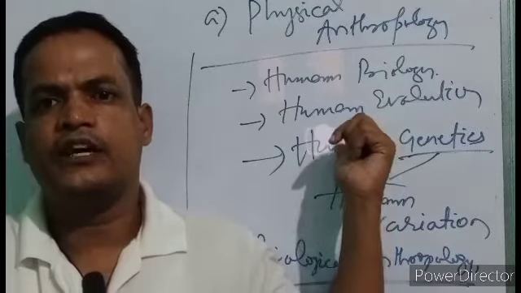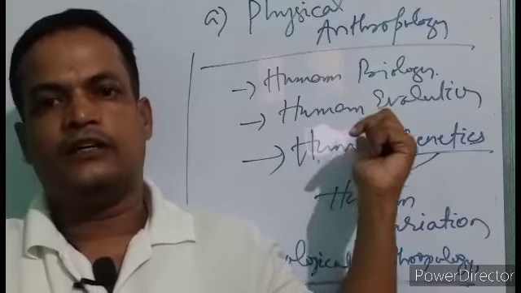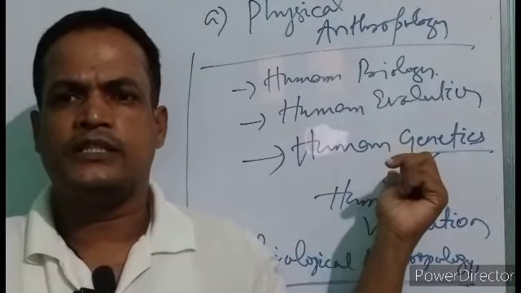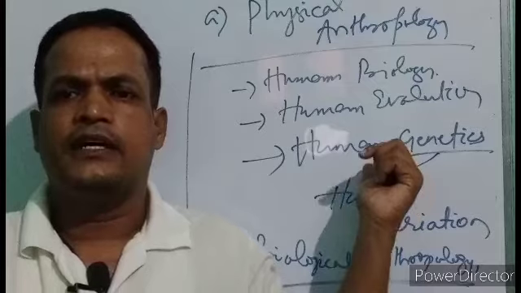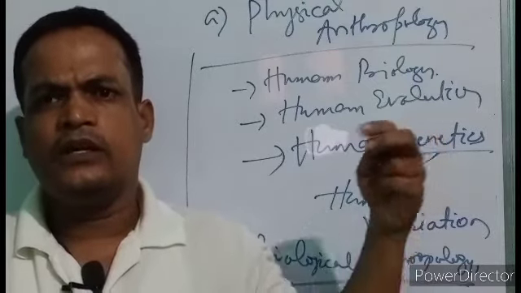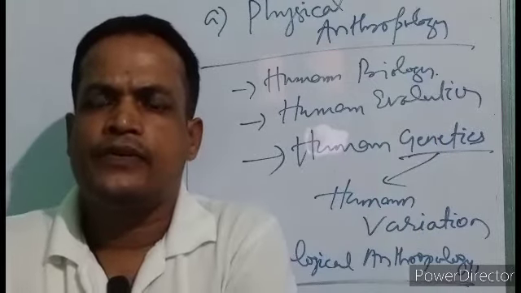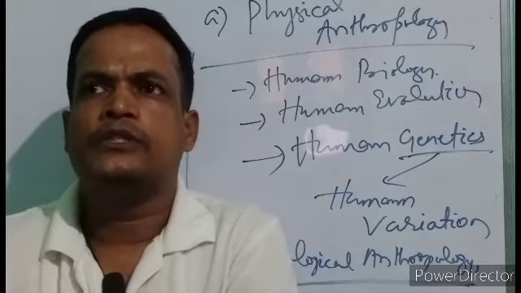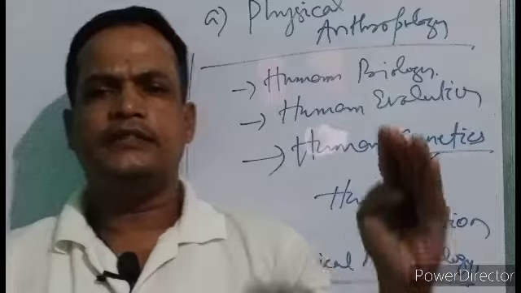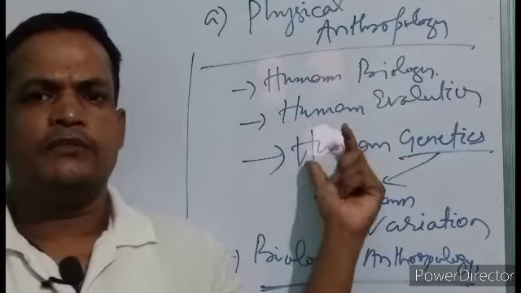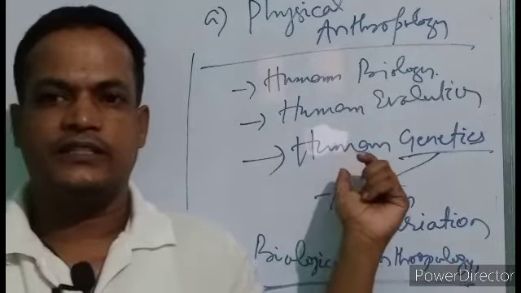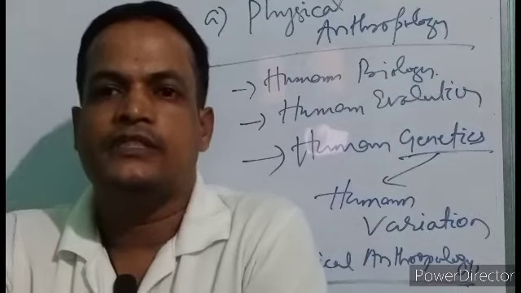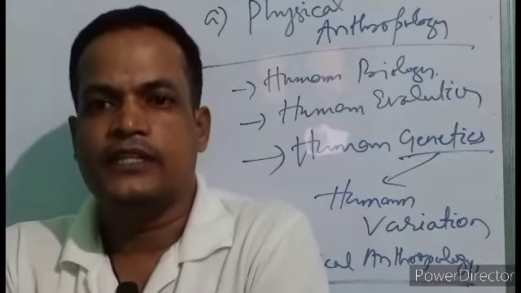It covers all biological aspects of humans, such as hematology, osteology, and human genetics. So it covers a broad part of the human biological aspect, and that's why it is now popularly called biological anthropology instead of physical anthropology.